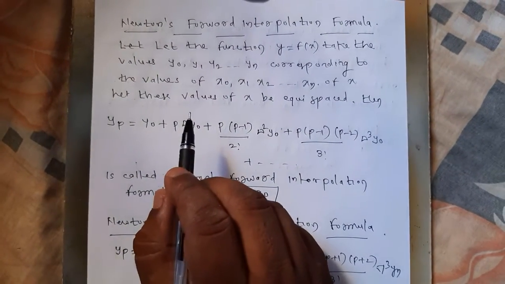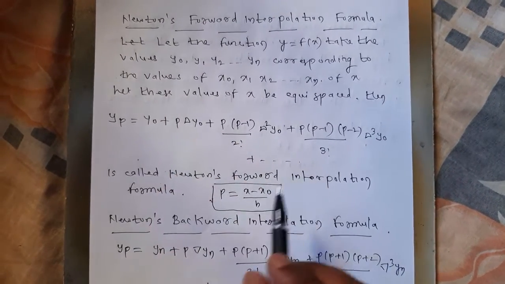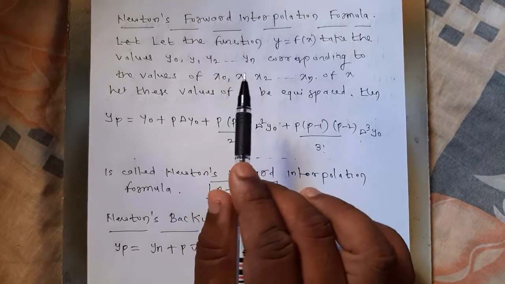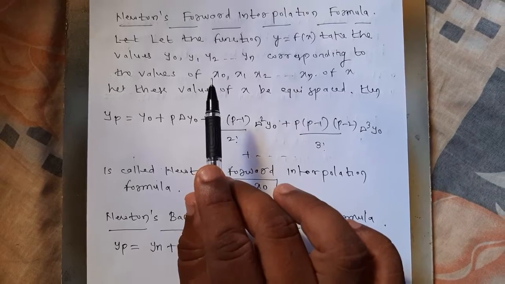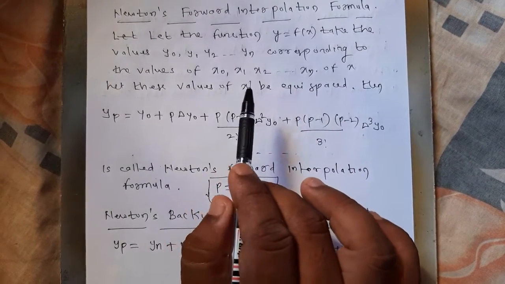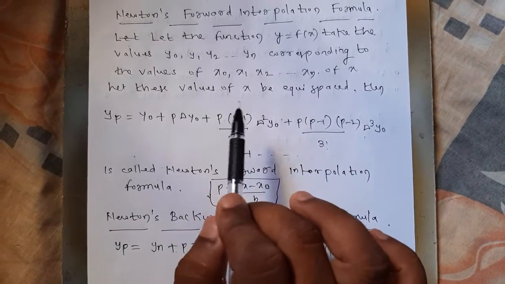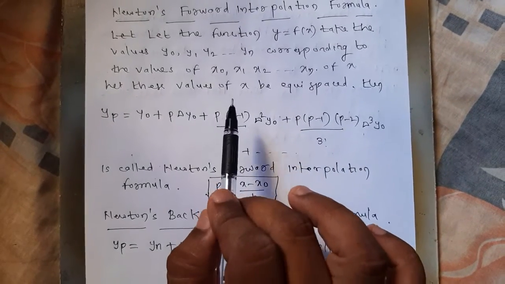Now we will see Newton's forward interpolation formula as well as Newton's backward interpolation formula. Let us consider the function y equal to f of x takes the values y0, y1 and so on to yn corresponding to the values x0, x1 and so on to xn of x. Let these values of x be equispaced. It means the width is equal.